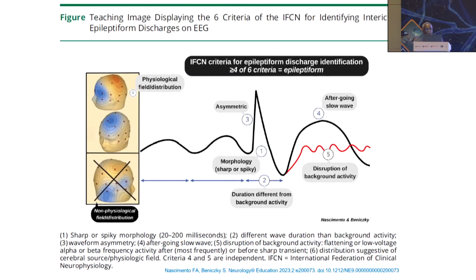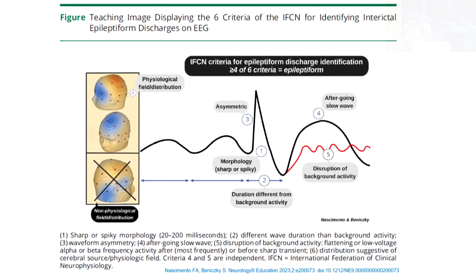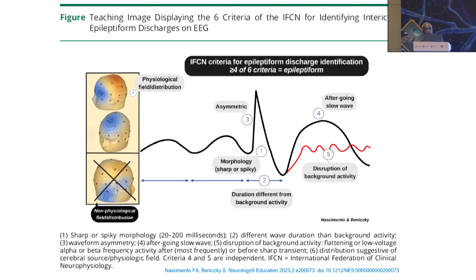If you ask me which, out of all the slides you have seen today, is the most important one to keep in your mind, this particular slide is the one each of you should spend time on, and preferably read the article, or at least go through this mental imagery and look at the criteria.